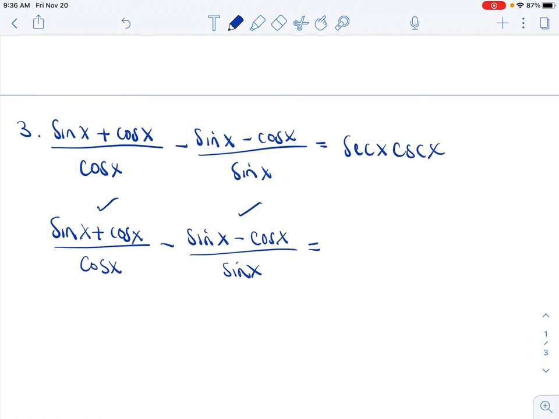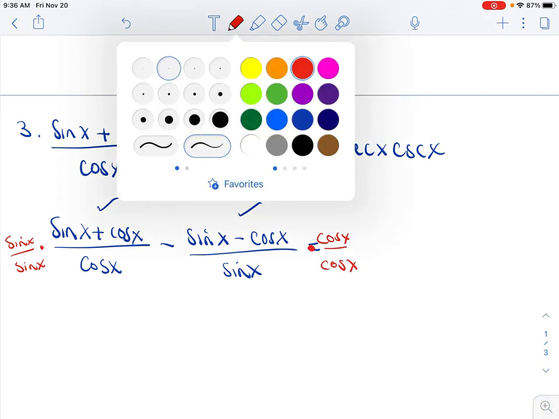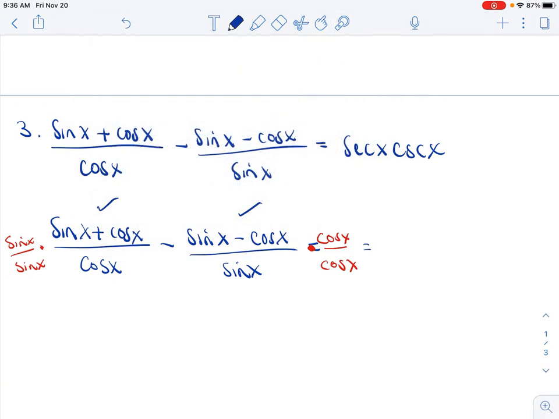And so I'm just going to save myself a little time and show that I'm going to multiply this top and bottom by sine x and this top and bottom by cosine x, just to save my hand a little time. All right, I'm going to run out of room, so I'm going to have to go down here. So, okay, now this is multiplied by this whole thing. This is multiplied by this whole thing.